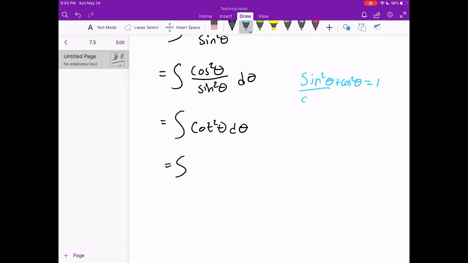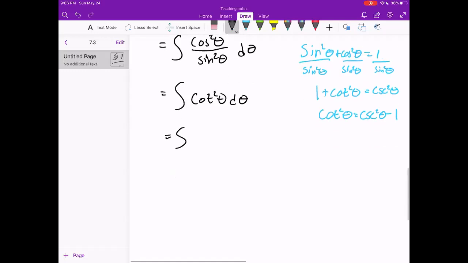So if I divide everything by sine squared theta, I'm going to get 1 plus cotangent squared theta is equal to 1 over sine squared, which is cosecant squared. So cotangent squared then is cosecant squared theta minus 1. That's going to help us, and we'll see why in a second.